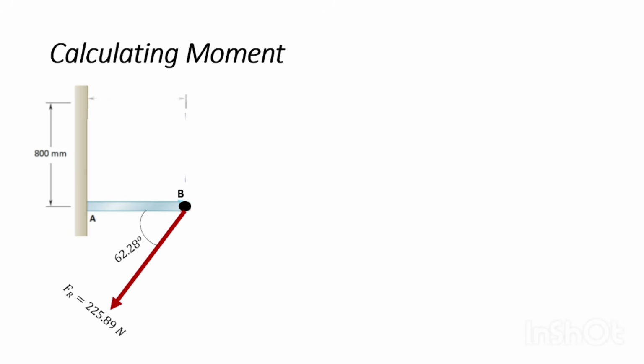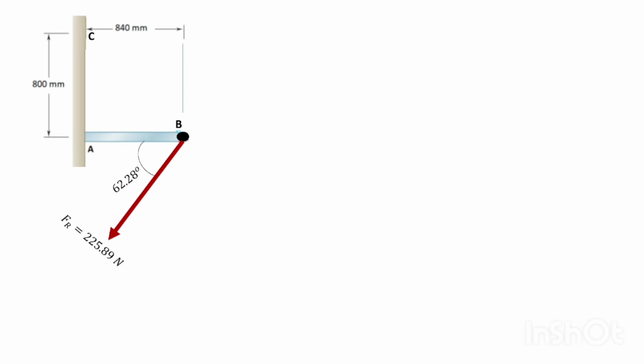So basically, we can produce that same dimension in the diagram, and we're looking for the moment of this force about point C. And we know that moment M is equal to r cross F. What is r? r simply is the displacement vector. That's the displacement from point C to point B, which is the point of application of the force. If we can find our displacement vector, we can find the cross product with this force, which is FR, the force in its component form.